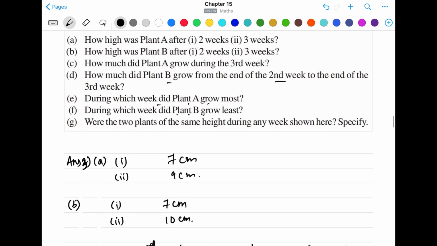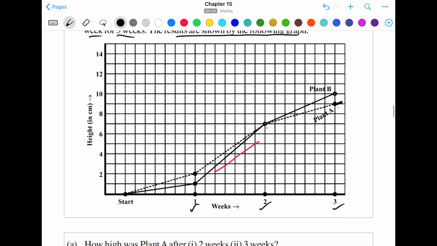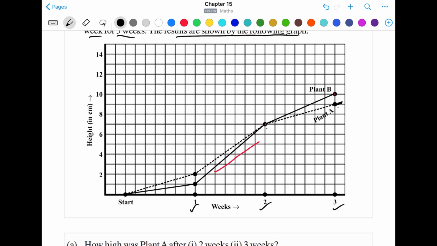After that we have part G. It says, were the two plants of the same height during any week shown here, specify. So at what time were both plants of the same height?